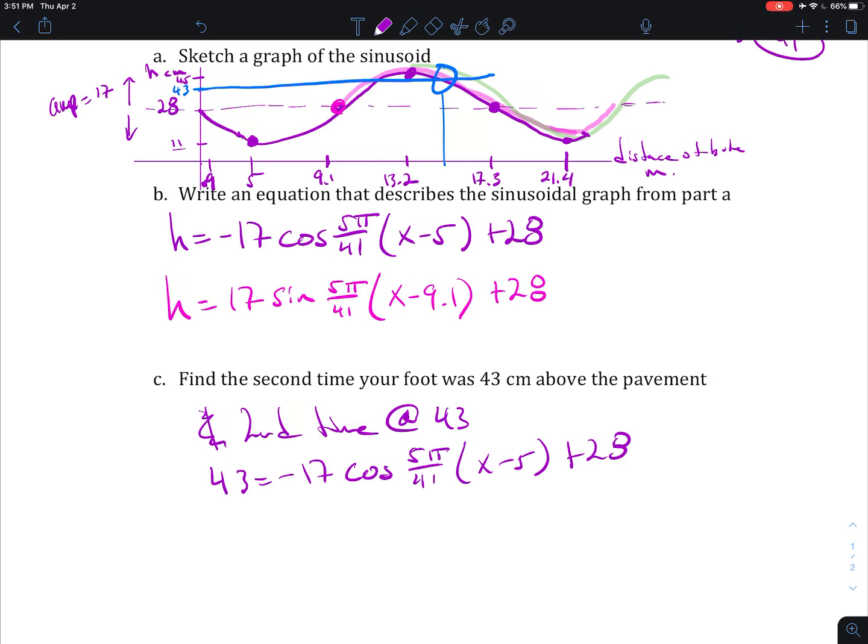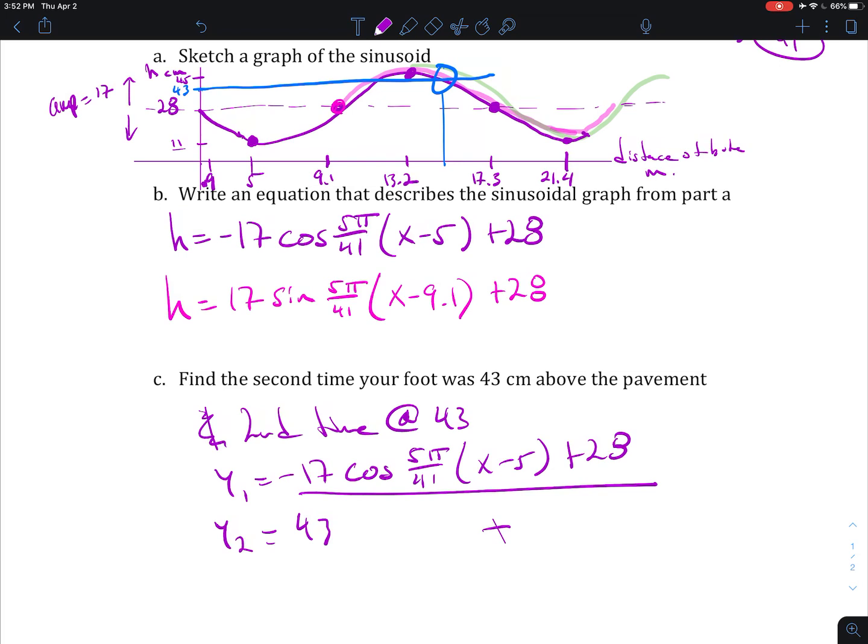Your best option is probably to put this into your y equals, which is the purple graph, and then put y equals 43 into your graph and look to see where they intersect. So y1 equals the equation, y2 equals 43, and you're looking for that second intersection there.